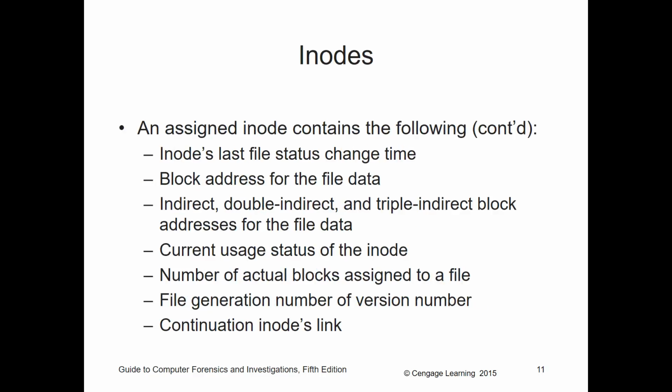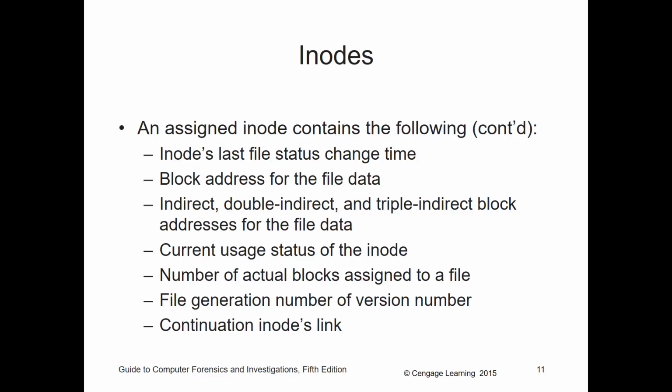Inodes are also last file status change, the block address for the file data, indirect, double indirect, triple indirect block addresses, just again, if it's fragmented, the current usage status of that inode, the number of actual blocks assigned to a file, again, if it's fragmented and it has to span over a wider area, or how much of a portion of a disk does that file need.